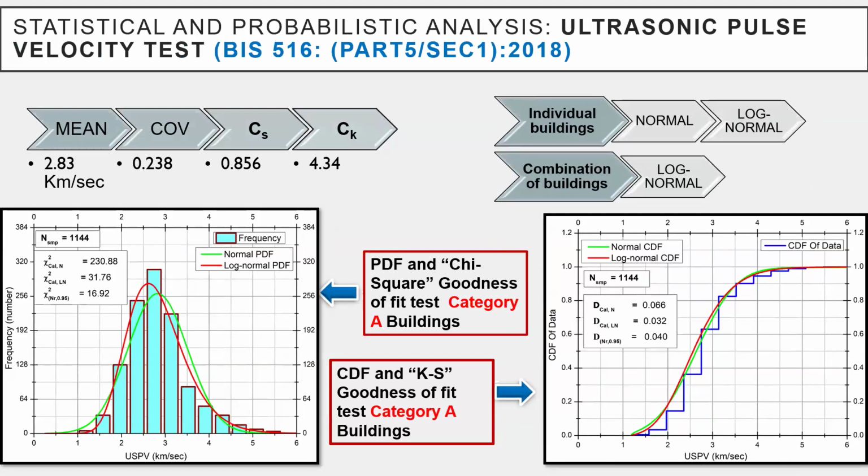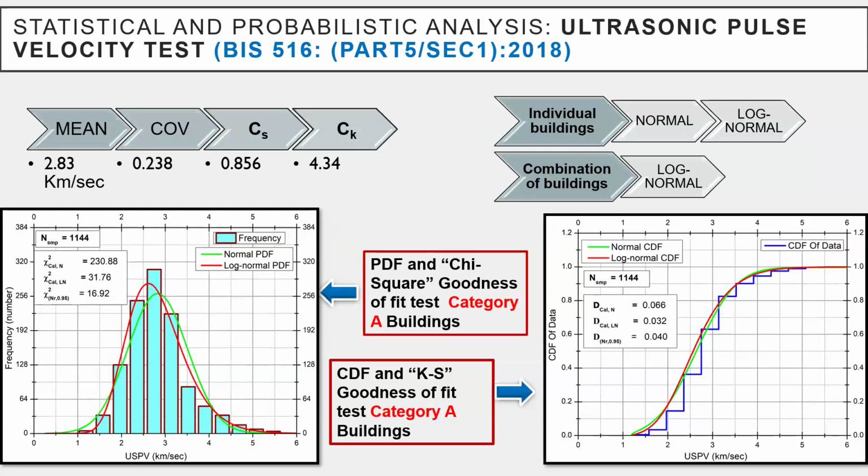Here my mean value is about 2.83 kilometers per second. Coefficient of variation is 23.8%, and coefficient of skewness is 0.856. Kurtosis is 4.34. That means my probability distribution is much more peaked than the normal distribution.